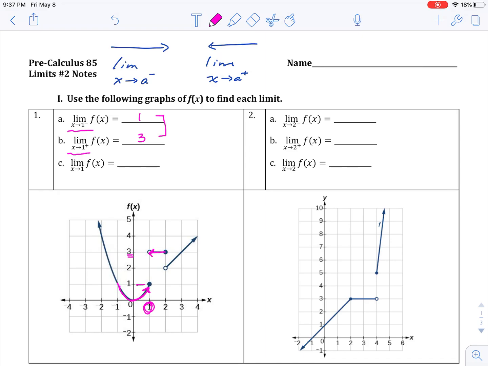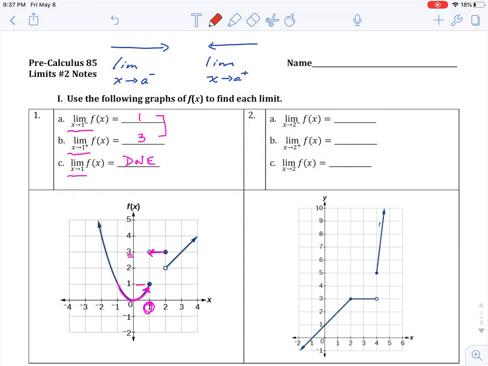Now, since these two numbers are not the same, that means the limit of f of x as x approaches 1 does not exist. All right, so those two numbers have to be the same for it to exist.